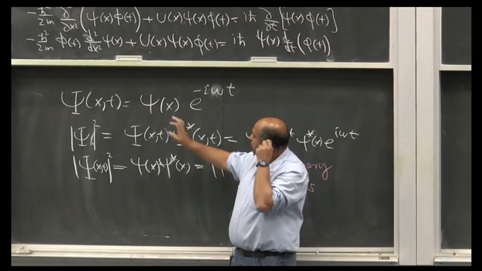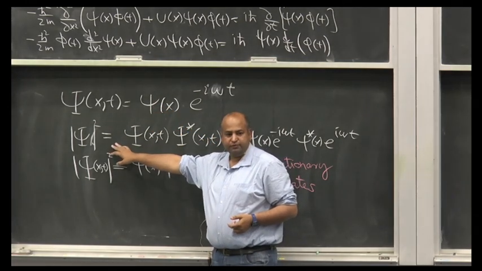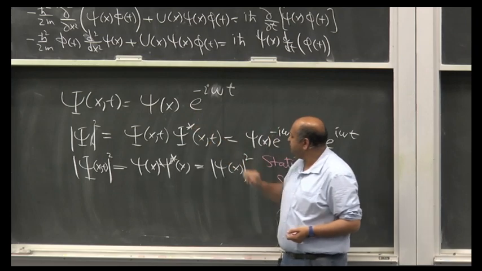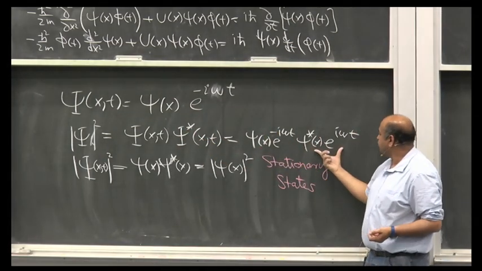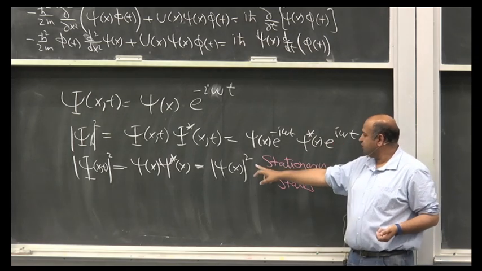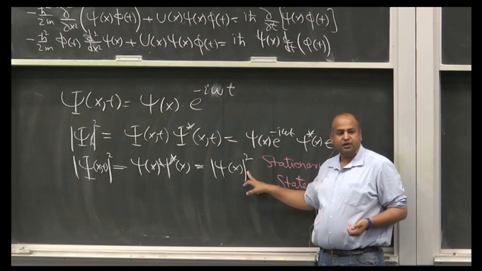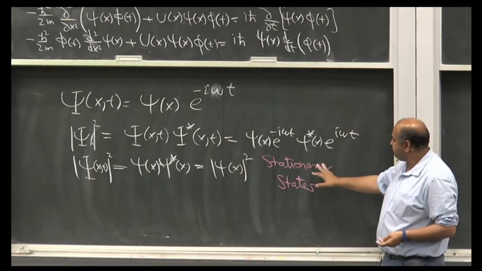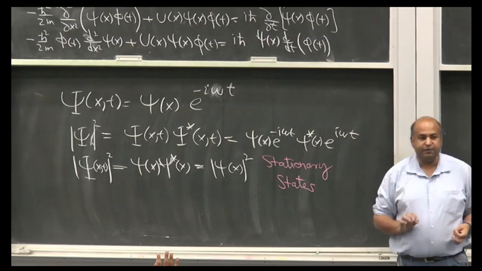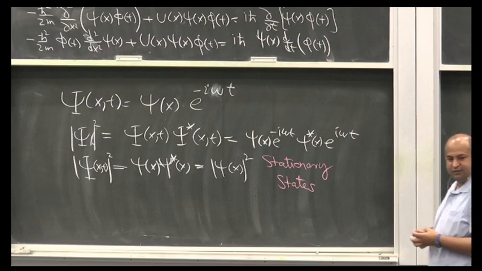So अगर आप probability density find करना चाहते हैं, you have to find its modulus square. उसके लिए आप इसको इसके conjugate से multiply करते हैं, तो टाइम पार्ट जो है वो खत्म हो गया. So essentially we have the square of the x part of the wave function. That's why we call it stationary state, because probability densities are independent of time.